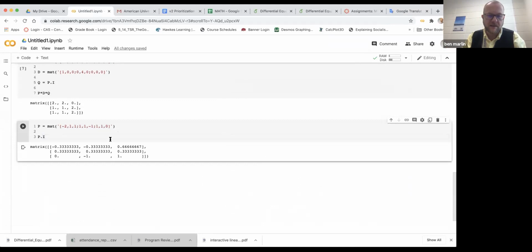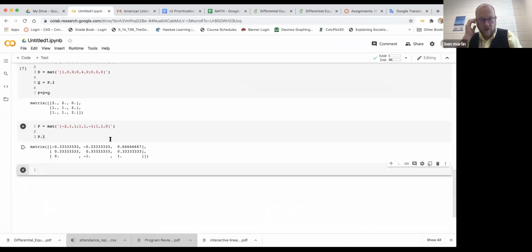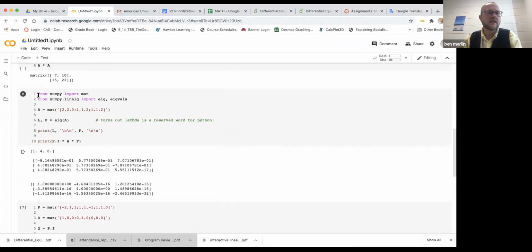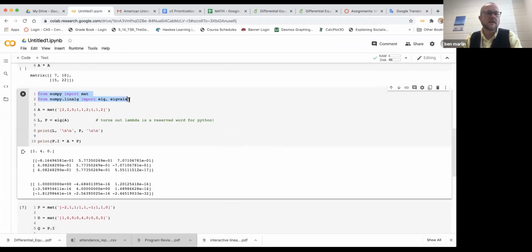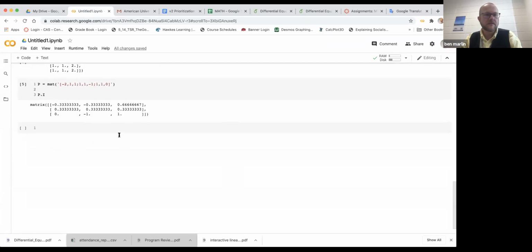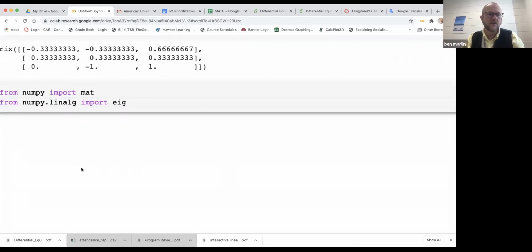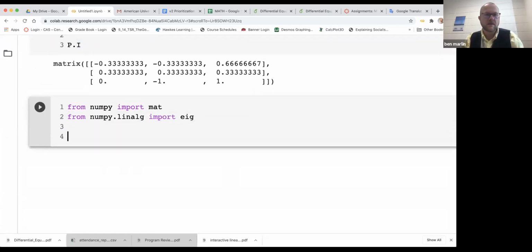And my friendly neighborhood Colab, I have been doing all kinds of little things in here. If you hit Command M B, it will create a new cell for you. And one of the things I've been using a lot in these is this feature here. Maybe I should blow that up a little bit so you can see it better.